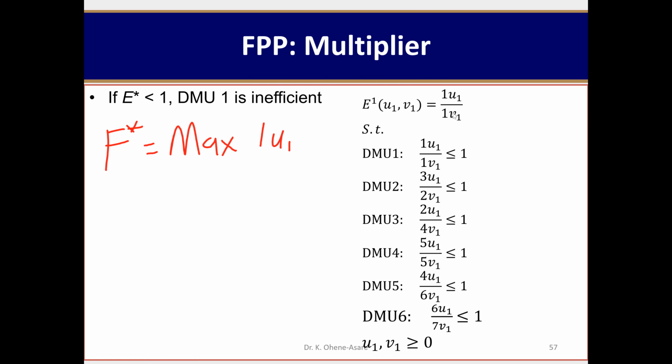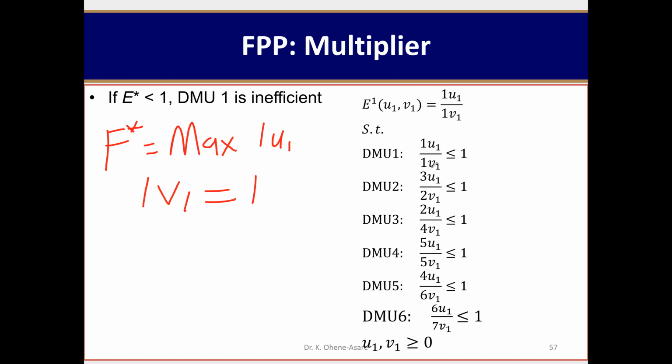After maximizing the numerator, the denominator in that fraction must be set to 1. So the denominator is 1v1, and this must be set equal to 1. And then the rest, you can just cross multiply.